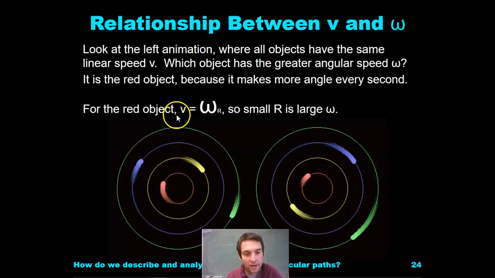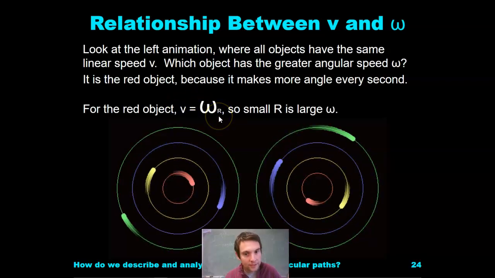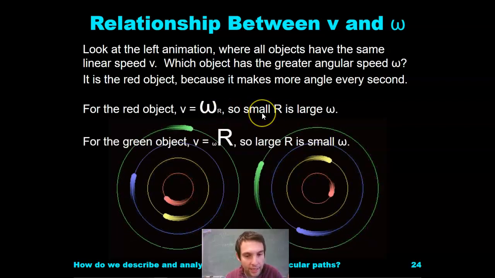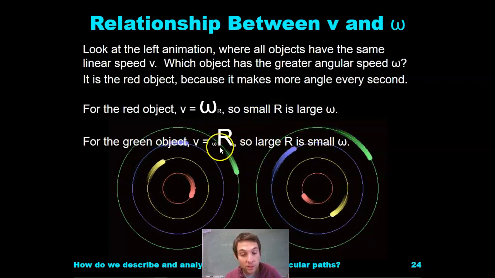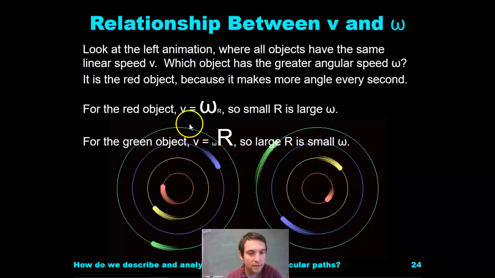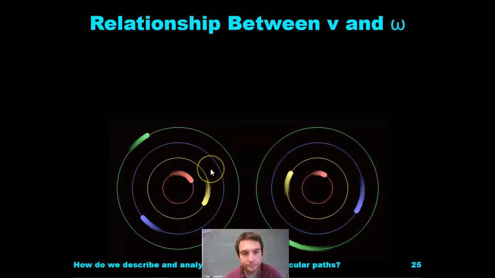For the red object, v equals big omega times a smaller radius. So the small radius means a large angular velocity. For the green object, we have a huge radius, so that must mean we have a smaller omega, because remember, these have the same linear speed on the left.